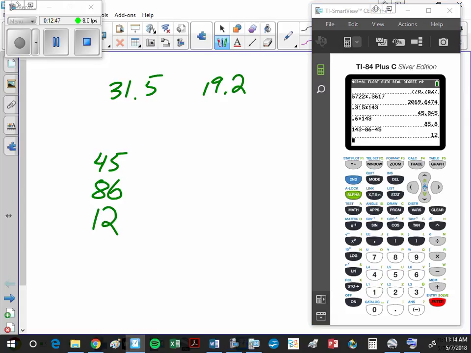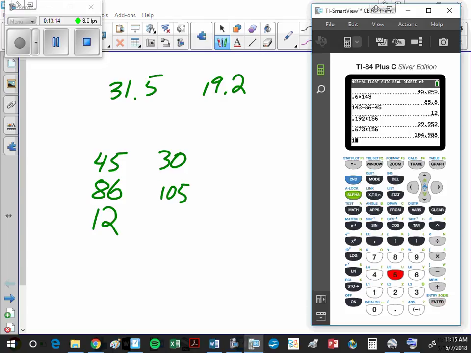Do you guys get that? And then 0.192 times 156 gives me 30. And then 0.673 times 156 is 105.